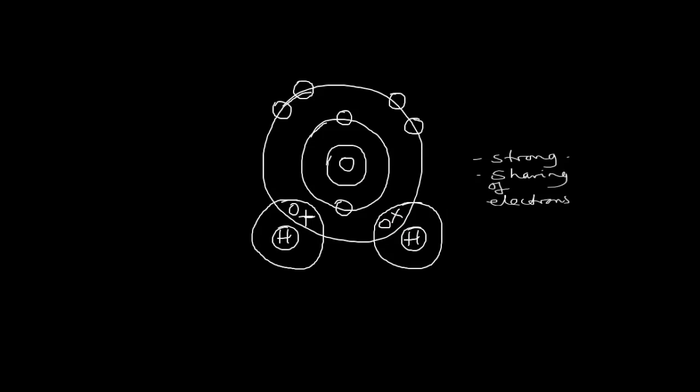Okay, so that's what is going on in terms of the bonding, and we need to have that in our minds as we move on with our discussions. Okay, so let's just simplify this diagram a little bit.